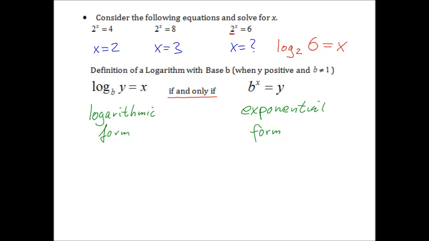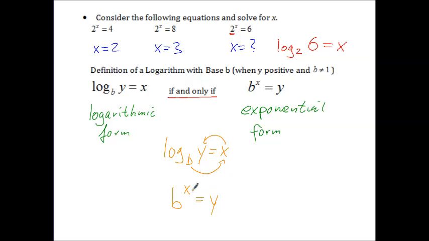From the logarithmic to the exponential form, we go in a circle: log with base b of y is equal to x, and then b to the power of x is equal to y.